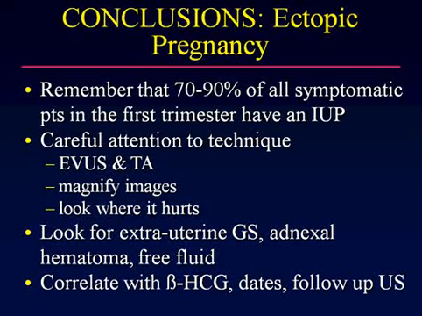Remember, that may be the only finding of ectopic pregnancy in some patients, and it's also very, very important in terms of assessing patient hemodynamic stability. And in all cases, you need to correlate your ultrasound findings with the serum beta-HCG level and the date of the last menstrual period, and in many cases, you may need to do a follow-up ultrasound examination or beta-HCG level in order to confirm your diagnosis. Thank you very much.